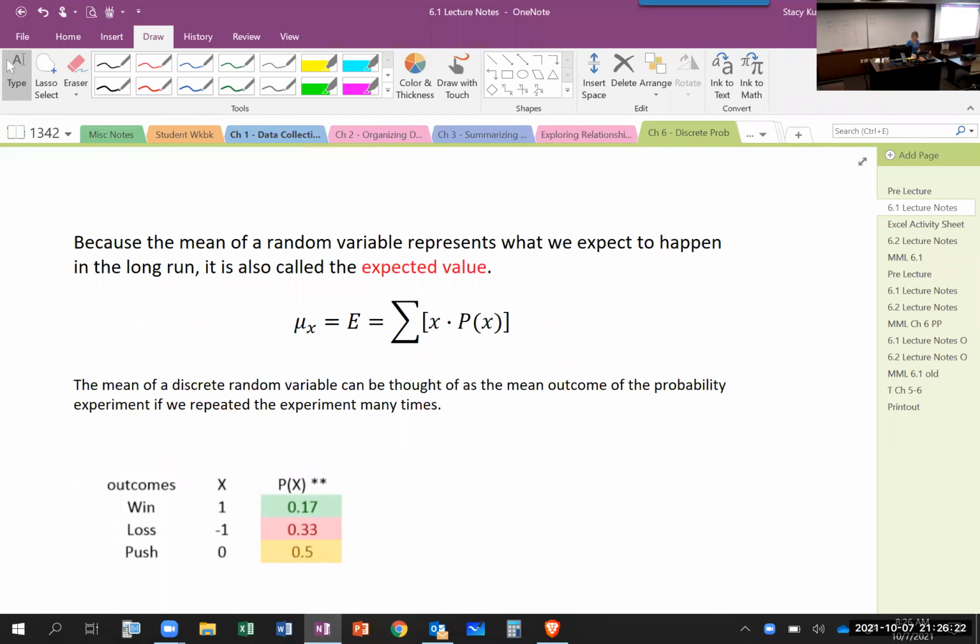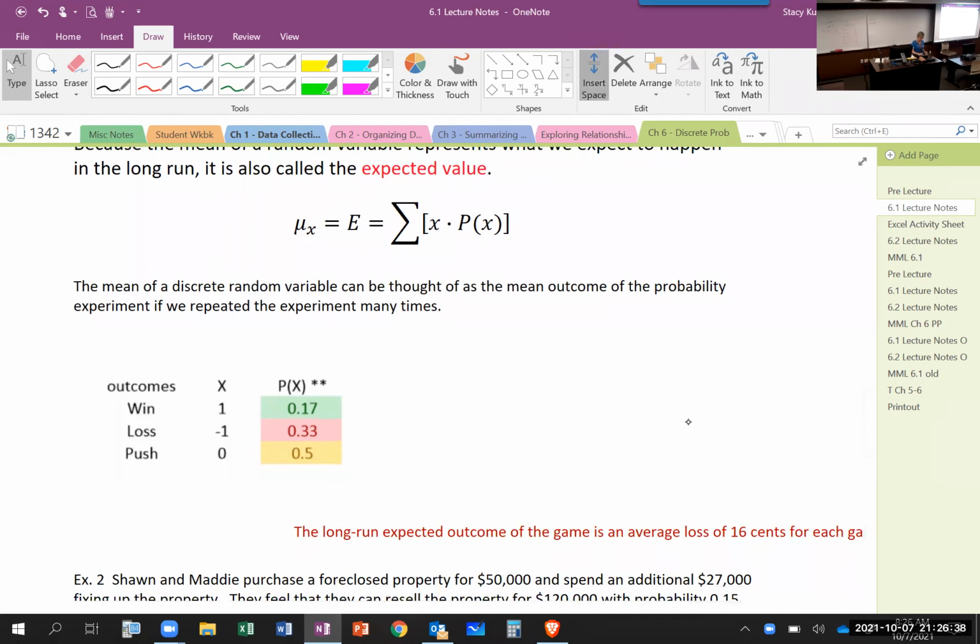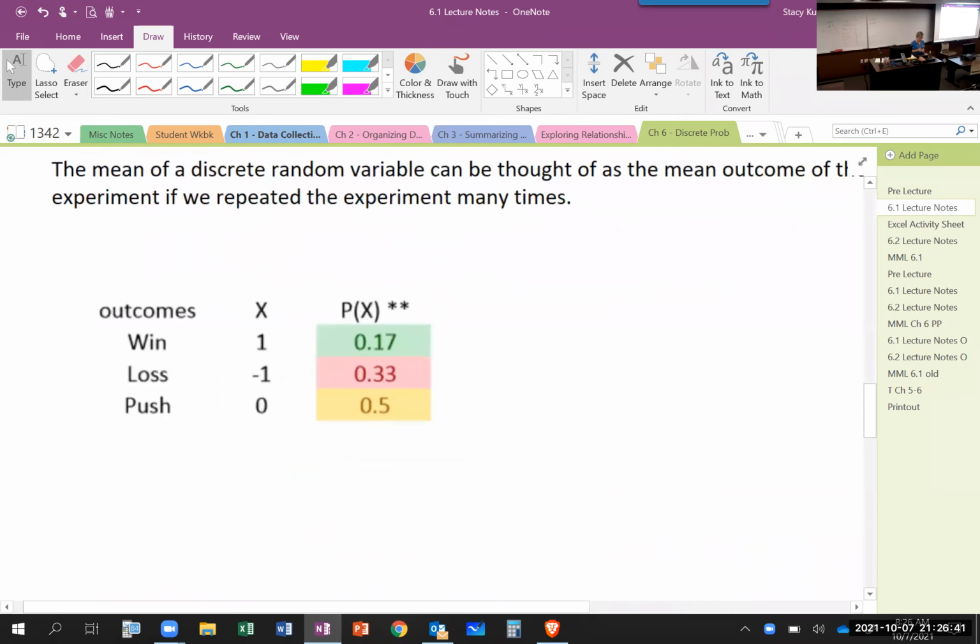Now, let's figure out if this was our game, what we would expect to have happen for an outcome, okay? I have this table that I've pretty much already set up for you, all right?